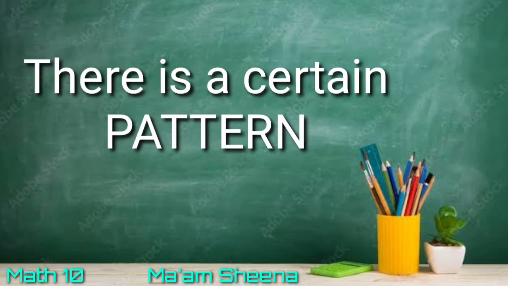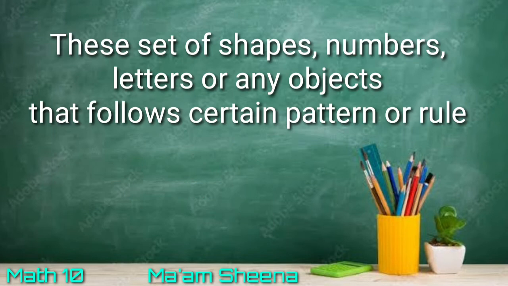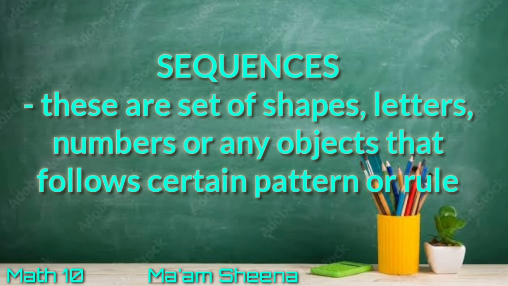For example, if you add 2 to a certain number, all throughout you're going to add 2 in order to get the next terms. So this kind of set of shapes, set of numbers, set of letters is what we call sequences. So when we say sequences, it refers to the set of shapes, set of numbers, set of letters, or any objects that follow a certain pattern or rule.